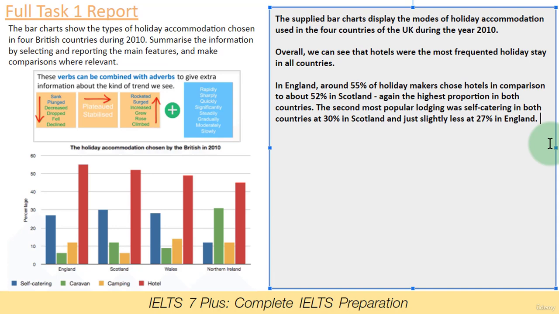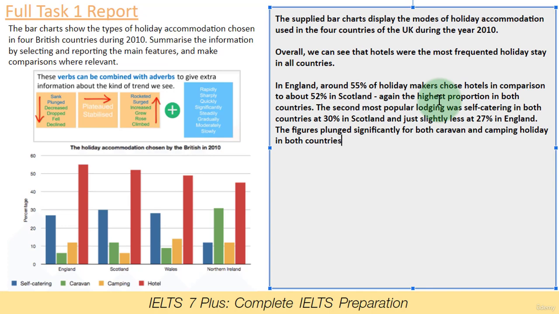So we could say these figures, let's say plunged. We probably don't want to say moderately. We're not going to say speed because speed is over time. We need an adverb of amount. Significantly, I think, would make sense, for both caravan and camping holidays in both countries.